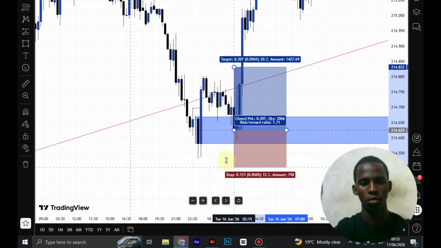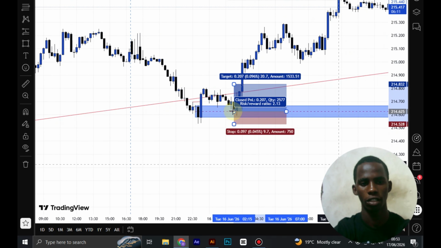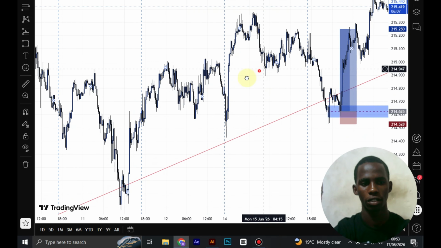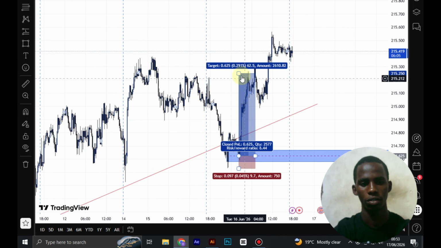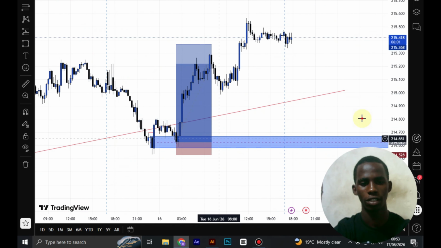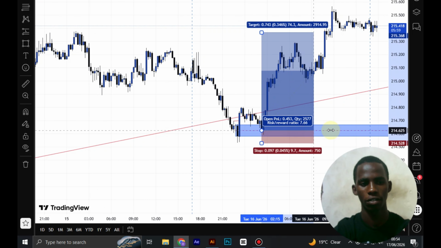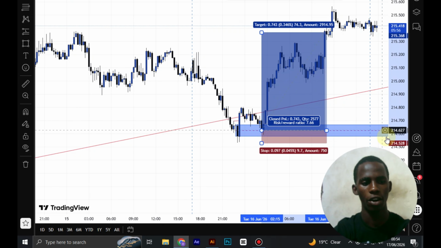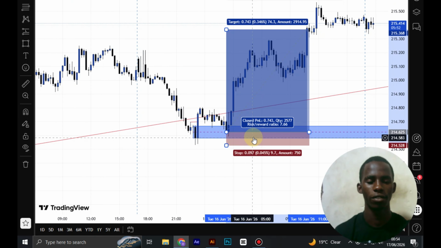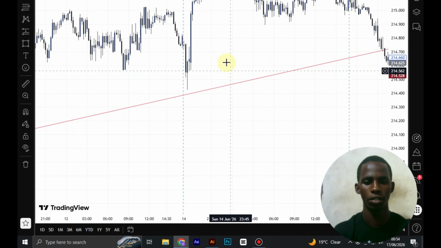I put my stop loss below this and have my take profit above these highs. Actually above this. And you know what this gave us? It gave us 7RR. So you can get more than this even by using this strategy, right?